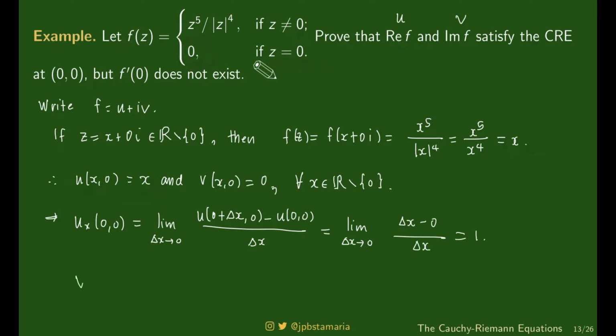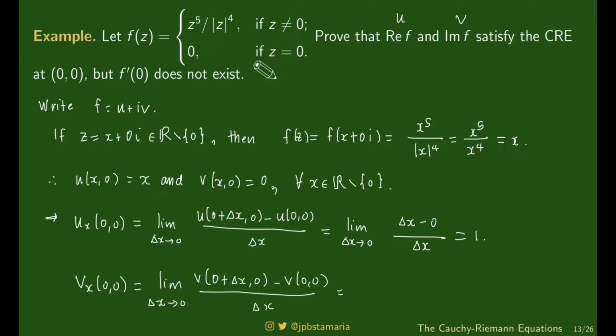On the other hand, what is our v sub x at 0, 0? It is the limit as delta x approaches 0 of v of 0 plus delta x, comma 0, minus v of 0, 0, divided by delta x.